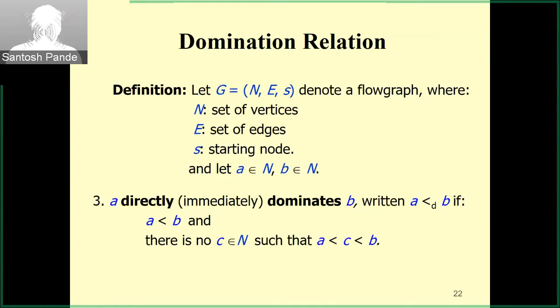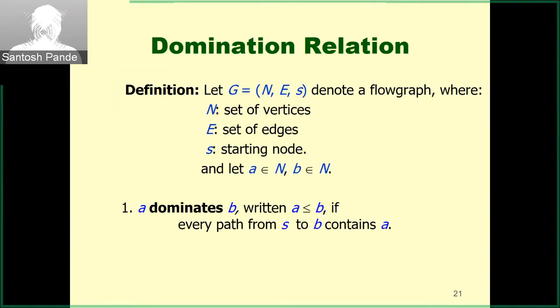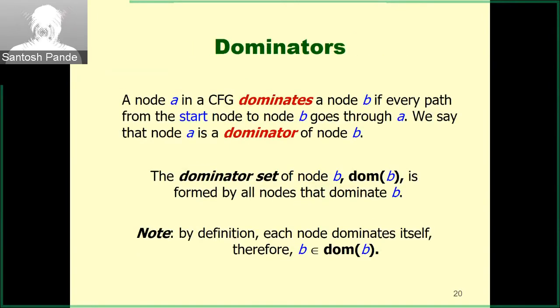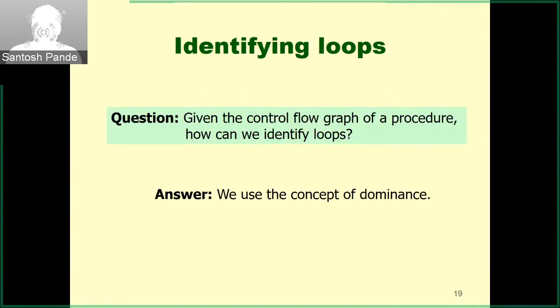So let us formally look at this and find out how these relations are found, and then we will worry about the complexity of finding a dominator.